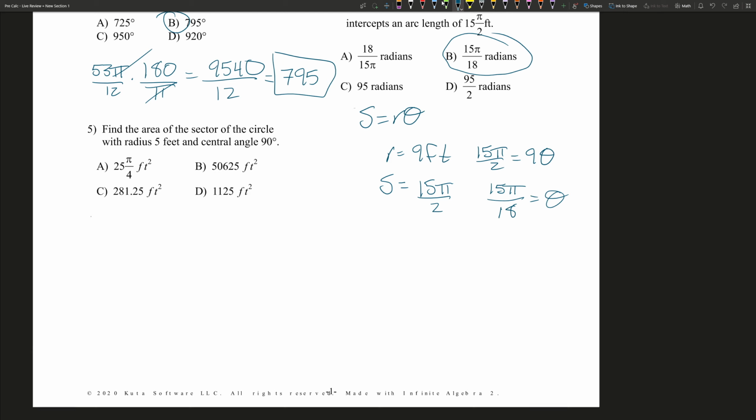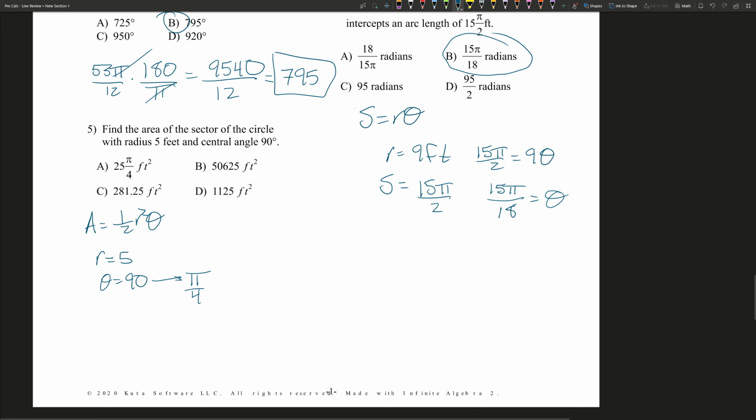Number 5, again, our equation is 1/2 r squared theta. Find the area of the sector of a circle with radius 5 feet and central angle 90 degrees. So radius is 5 feet, theta is 90, but we have to convert this to radians, and 90 degrees in radians is pi over 4.